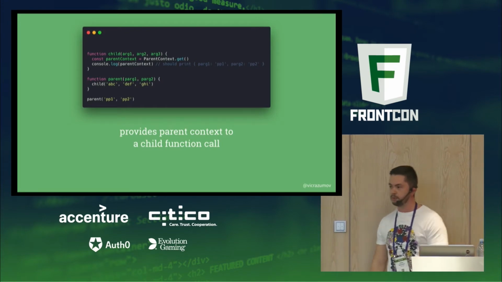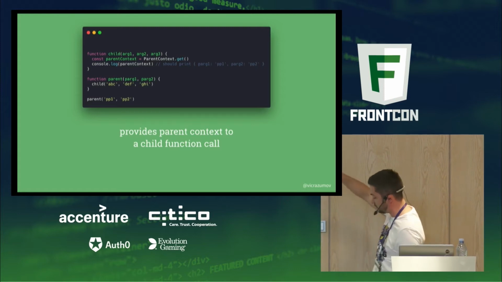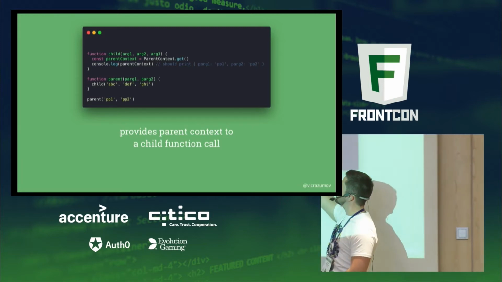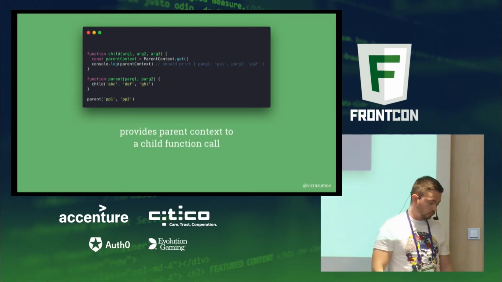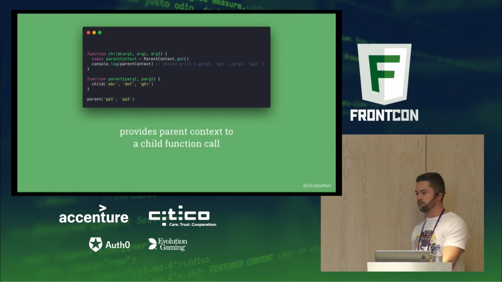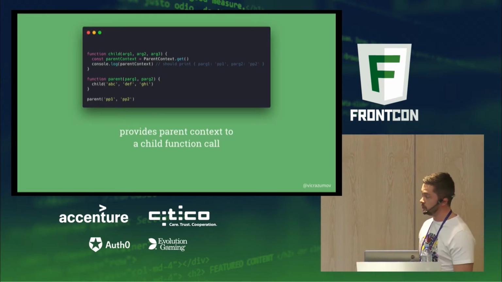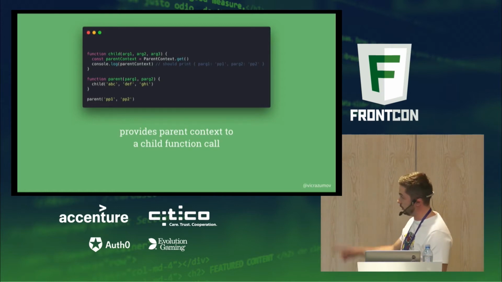Some experienced developers could say that, yeah, then you can just take Webpack and replace every call to parent context.get with some arguments. But what I also don't want to do is to get blamed by linters, because ESLint or TSLint, and I guess all of you are using linters today, will blame you for using undefined variables like parent context.